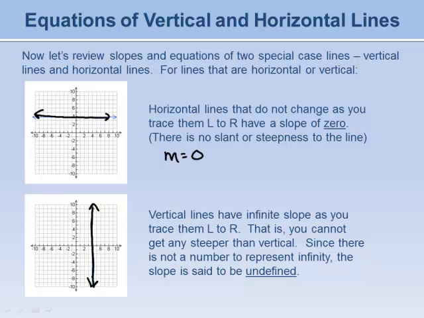And since there is not a number to represent infinite slope or infinite steepness, the slope is said to be undefined. Mathematically, if you try to figure that out, you get division by 0. So the thing to remember is horizontal lines have a slope equaling 0, and vertical lines have a slope that is undefined.